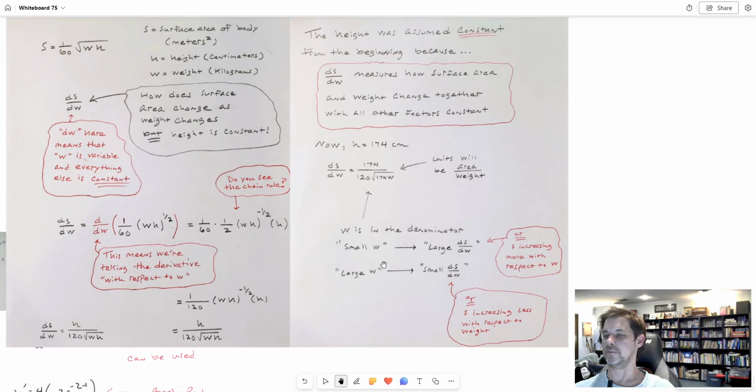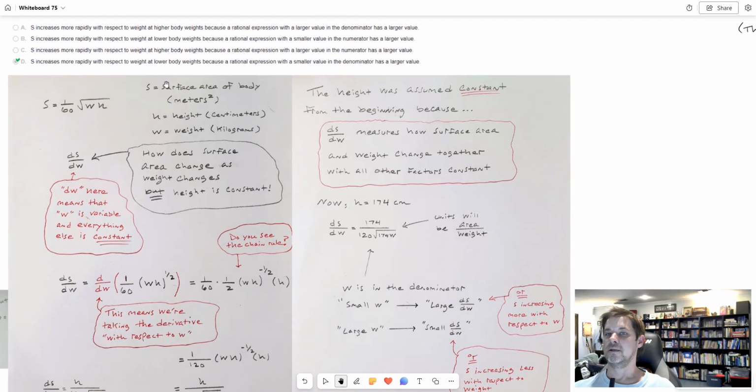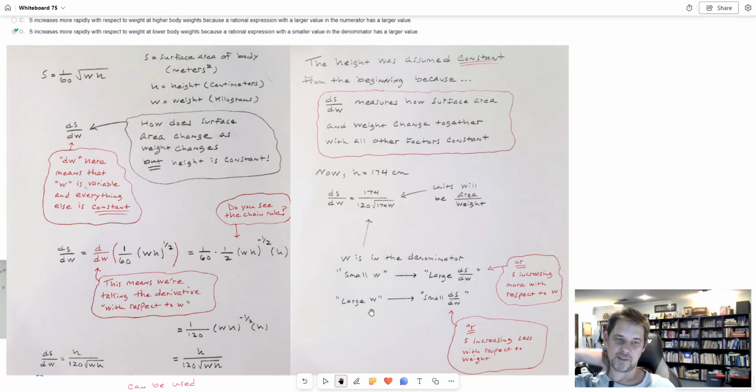Because if W is small, that's a low body weight, then this number will be comparatively bigger, and it tells me how S responds to changes in W. So yes, at lower body weights, because the rational expression with a smaller value in the denominator has a larger value. That's my way of saying if I divide by a small number, I get a comparatively bigger answer than dividing by a big number.